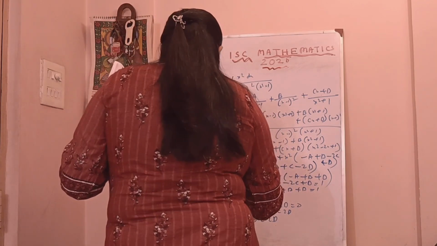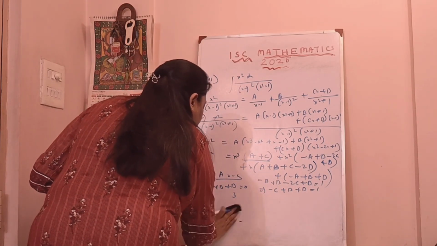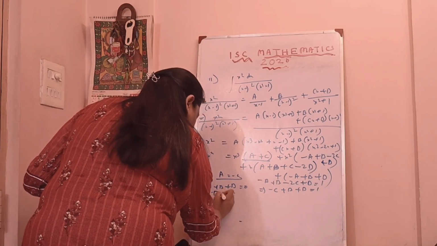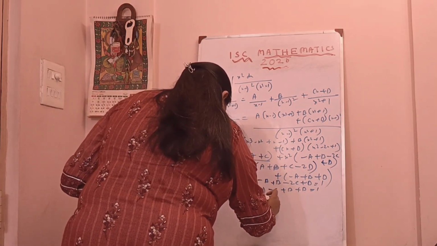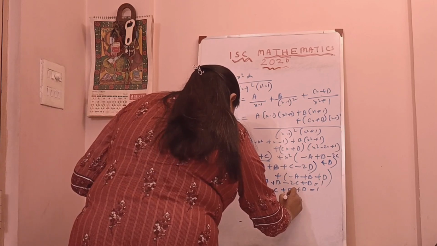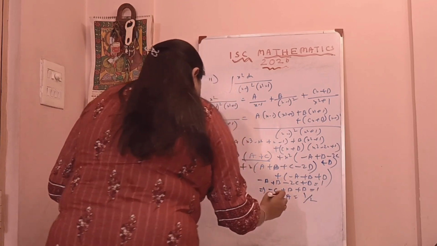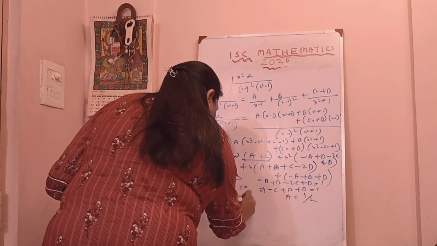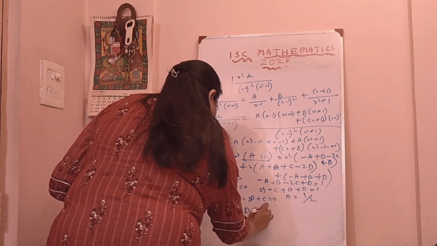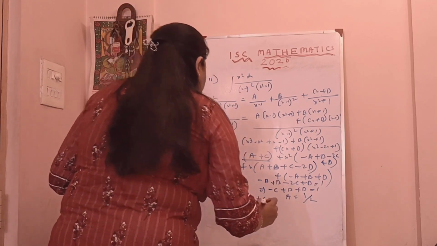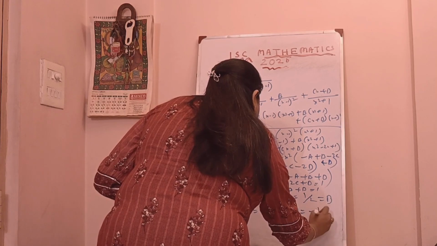So b equals here... this part is wrong. So b equals here a, and b equals here. If you put it here, then a equals half, and this part a minus 2d plus c equals 0. So d equals 0. So a equals half, that means b equals half and c equals minus half.